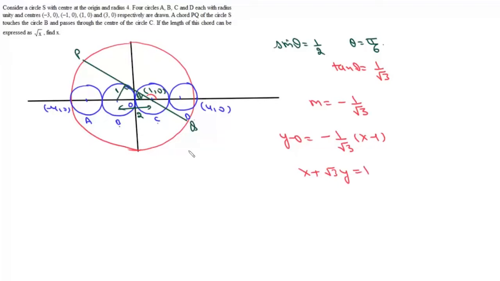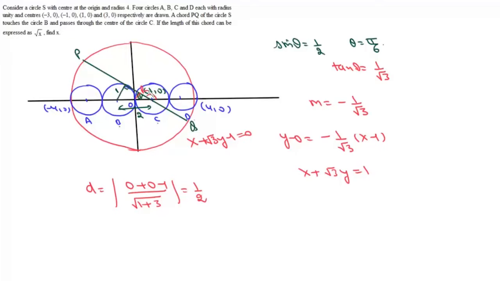So the equation of PQ is x plus root 3y minus 1 equals 0. Now we'll find the perpendicular distance from the center of the circle S. So this perpendicular distance will be 0 plus 0 minus 1 upon under root of 1 plus root 3 square, which is 1 by 2.